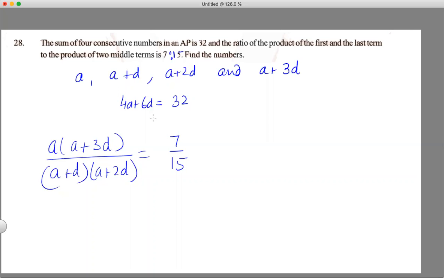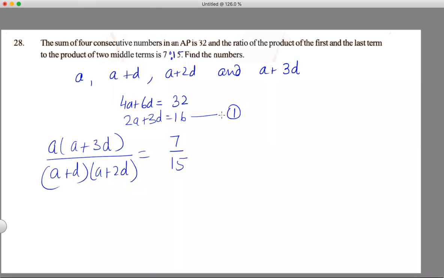Sir, instead of A plus 3D, we can write 16 also, because by the equation 4A plus 6D equals 32, if we take 2 common and divide by 2, we get 2A plus 3D is equal to 16. Yes, that is what you are saying, right?